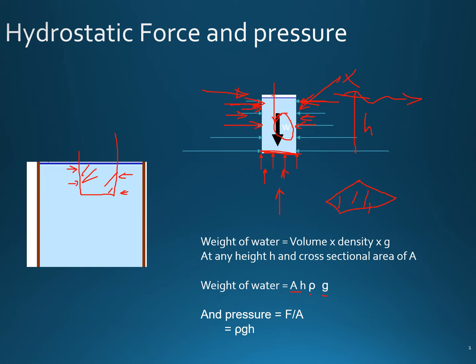So that is the force acting downward. And the upward force has to be the same, right? And that's why the pressure is force divided by area, and that is rho g h times A divided by area, and that is the pressure. So at any point, the pressure is rho g times h.